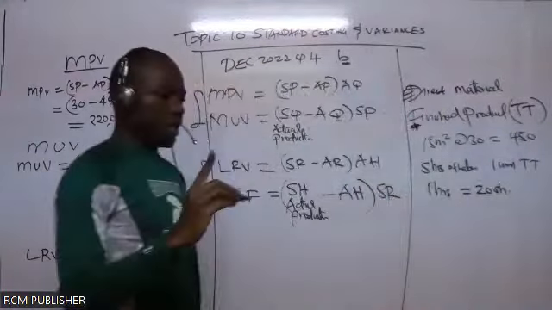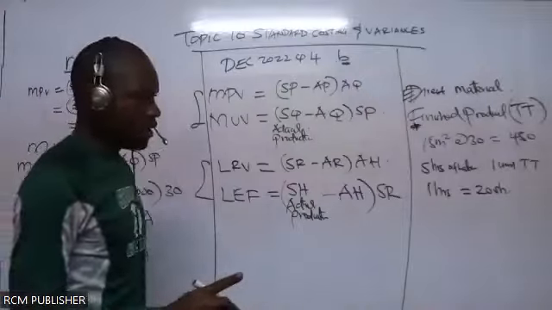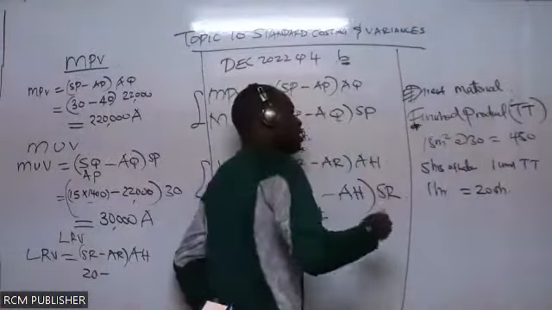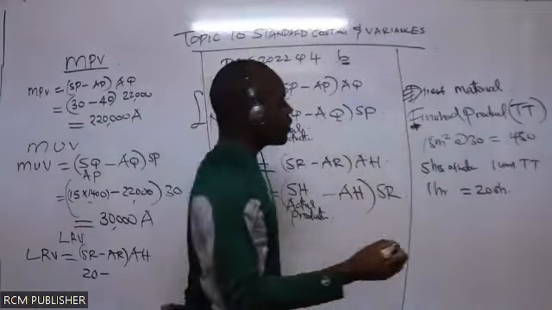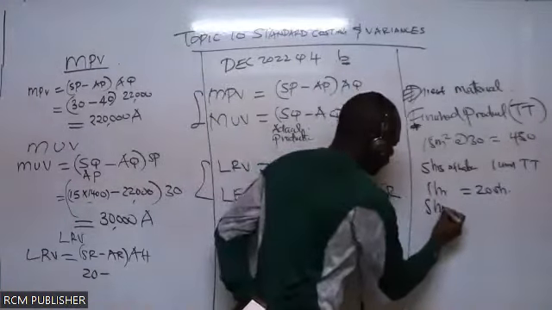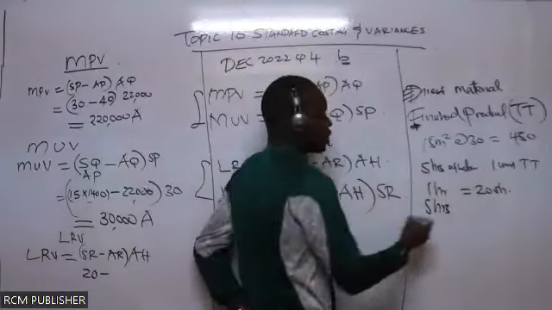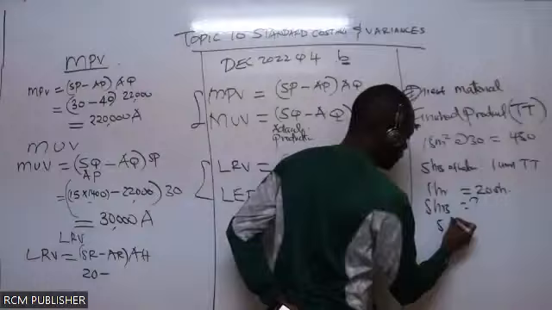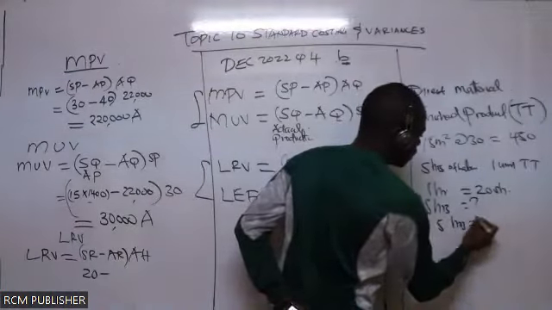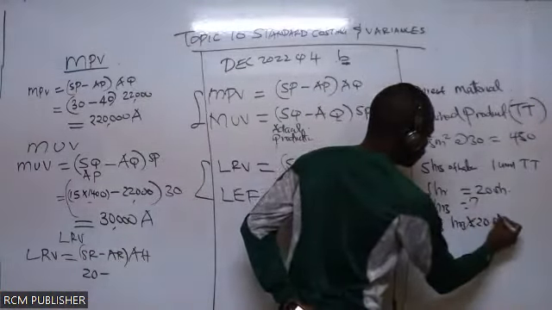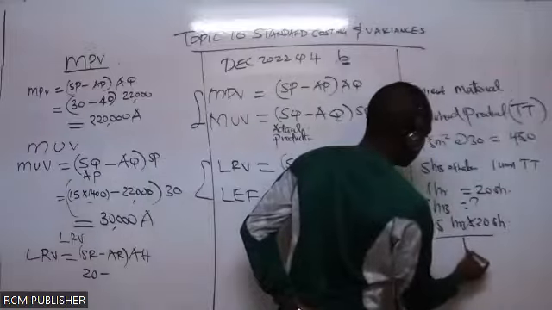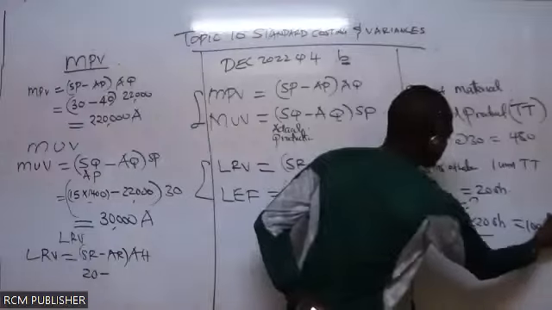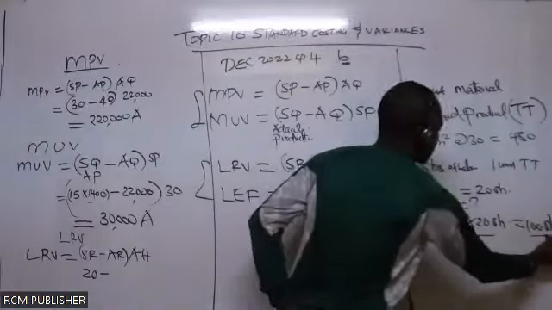They are going to charge us 20 shillings. 1 hour is equivalent to 20 shillings. But for us to produce a complete unit of TT, we need 5 hours. So the amount we are going to spend to produce 1 unit of TT is equivalent to how many shillings? 100 shillings. So what is the labor rate?